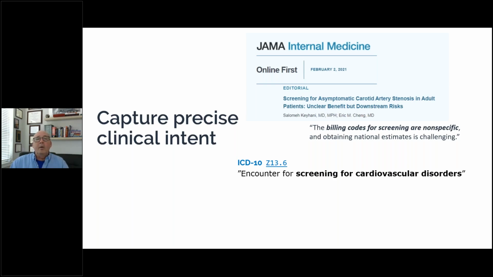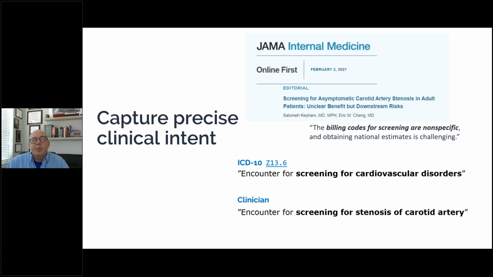Well, now I can't go and analyze that aggregated data and see whether or not if I screen for coronary artery disease in my patient population, I can improve care because I can't even find that cohort in the first place. So the kind of term that we need is something much more specific.